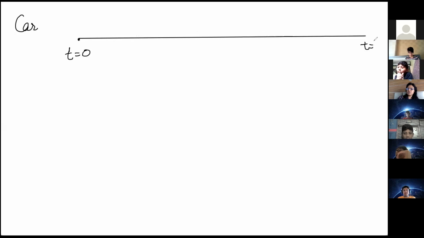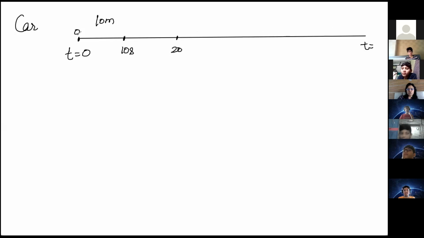Suppose I write 10 seconds. In 10 seconds, the car covers 10 meter distance. This is 10 meter, from here to here. This is 0, suppose we are starting from 0 distance. It covers 10 meter in 10 seconds.